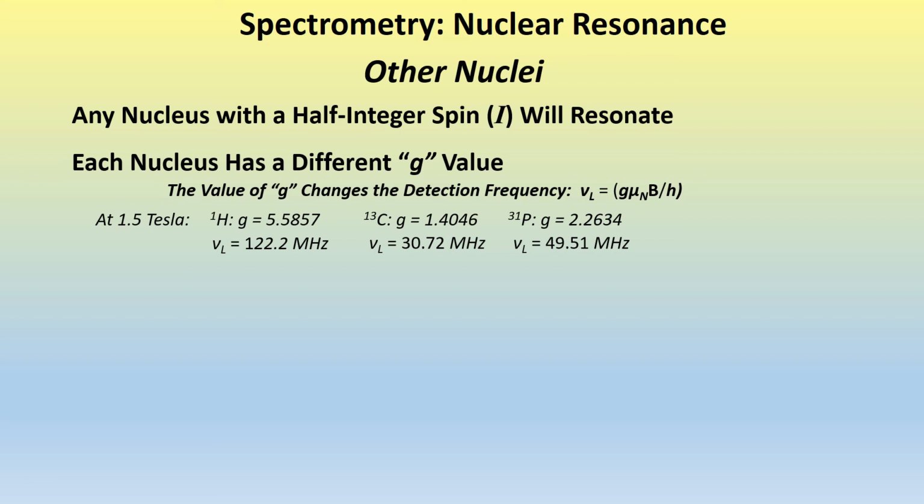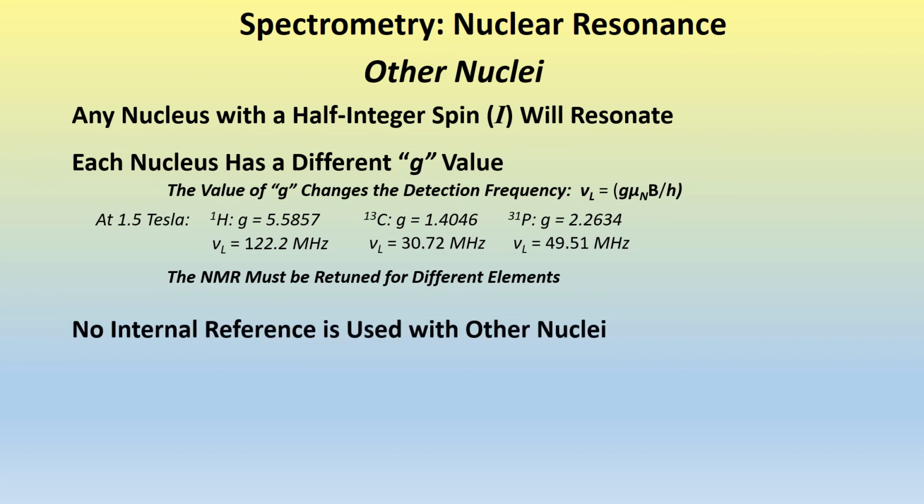Since essentially an NMR is nothing but a magnet with a radio transmitter attached, the NMR has to be retuned for any different element that one is looking for. Another difference between other magnetic resonances and that of a proton is that protons are the only atoms where you use an internal reference.